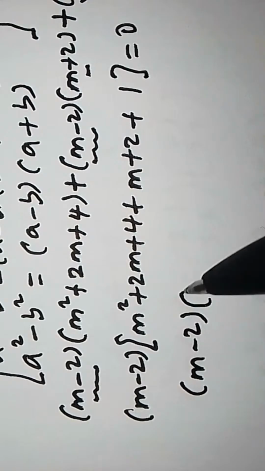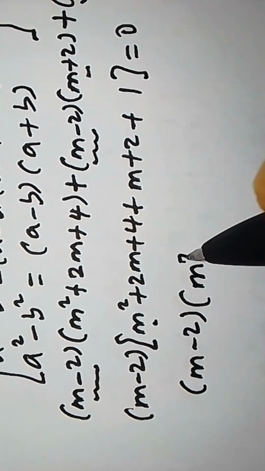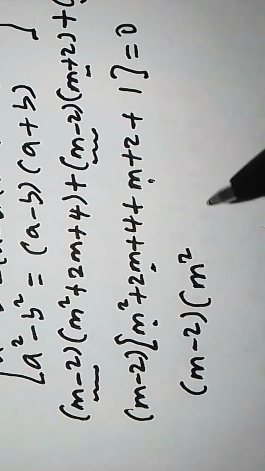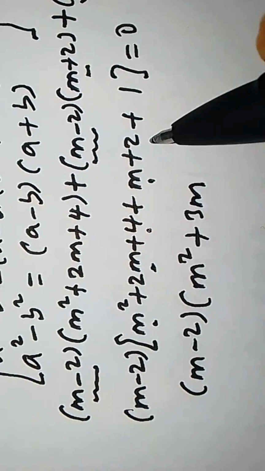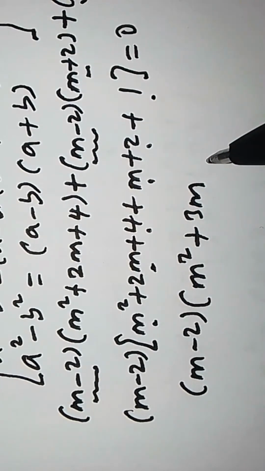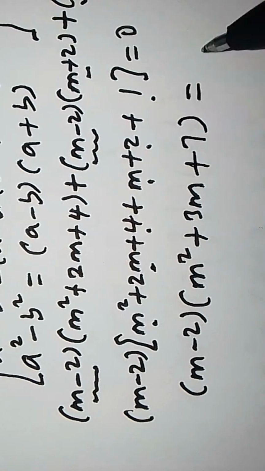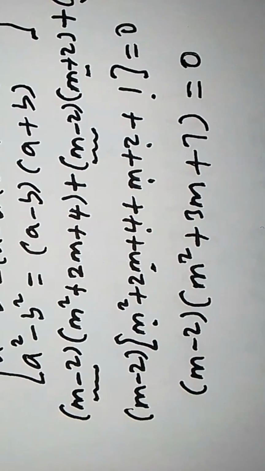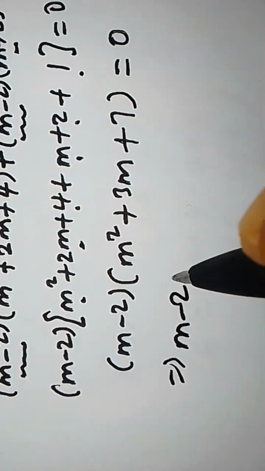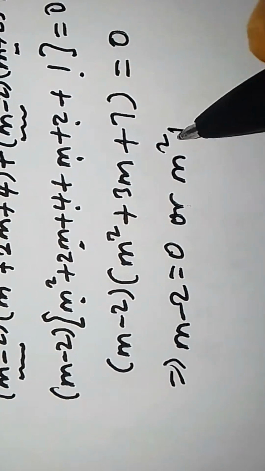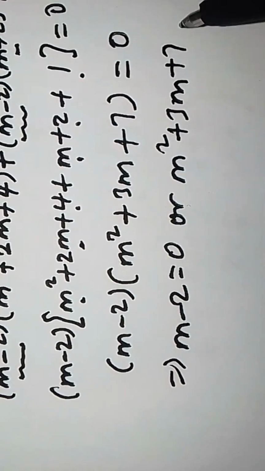So we have m minus 2 times m squared, 2m plus m, that is 3m, 4 plus 2 is 6, 6 plus 1, so we have 7, equal to 0. Let's proceed further. This implies that m minus 2 is equal to 0, or m squared plus 3m plus 7 is equal to 0.